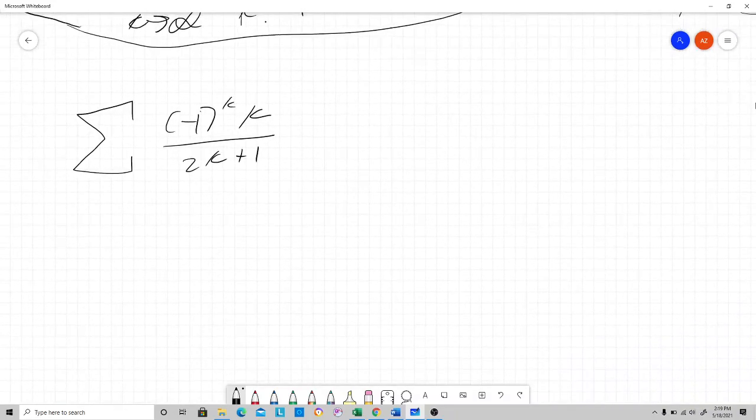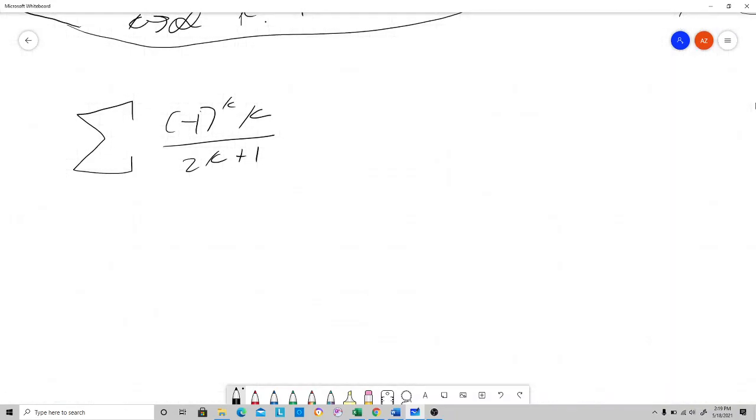Okay, so now the last one is this one. Overall it's not too bad. If I do an absolute value sign, right?